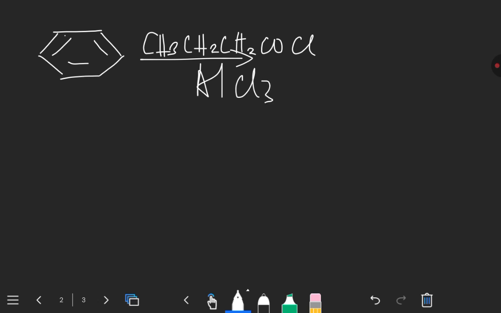So the first thing we must do here is react these reagents. So we have 1, 2, 3, 4 carbons. So the first thing is the reaction of reagents.